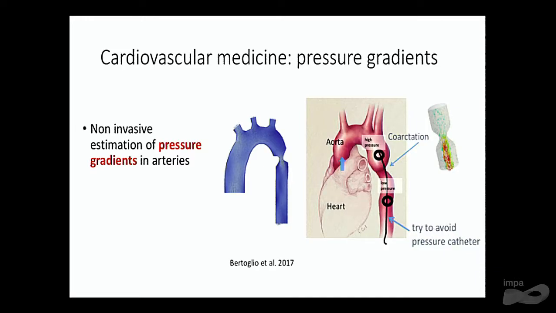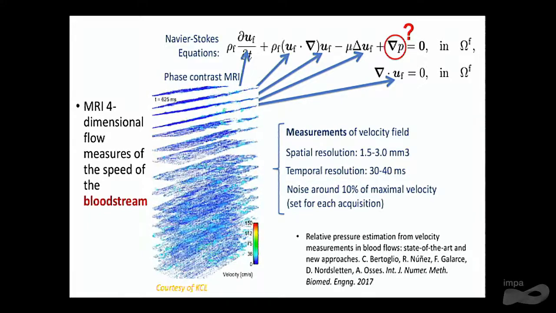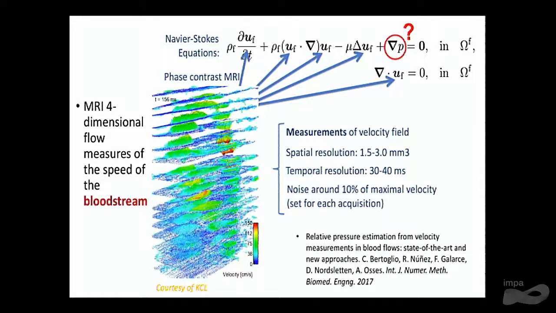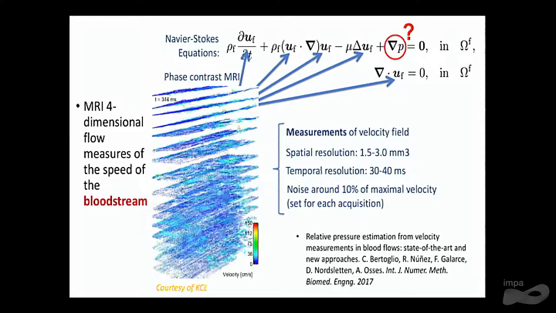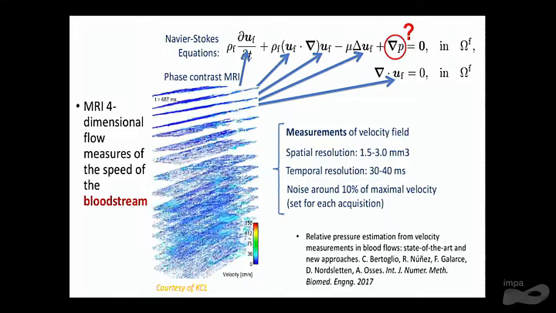The typical medical intervention is to put a catheter, and it's complicated. So this is typical MRI. These are MRI measurements of velocity. So you have essentially the Navier-Stokes equations with velocity measurements, and the idea is to recover the pressure. This is simply that, okay?